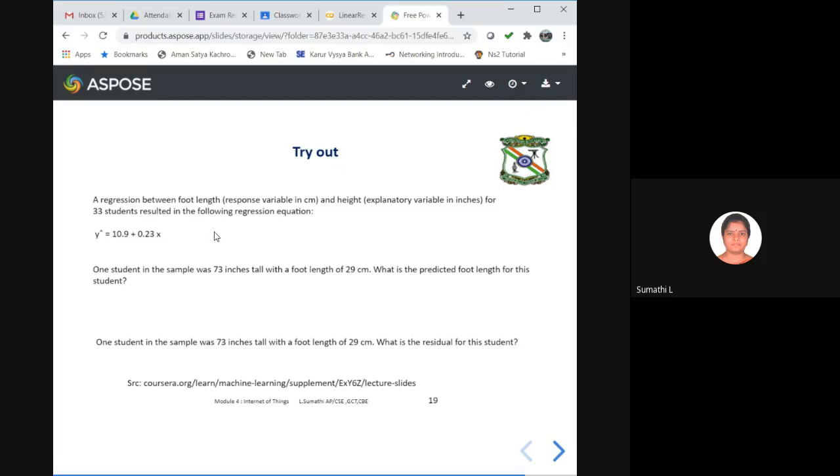But what was the residual value? So what is the residual for the student? Residual is nothing but the error, the difference. I was telling that if it is 73 inches, it has to be 29 centimeters. But I have come up with a regression line that tells me it has to be 27.69. So what is the error or residual?